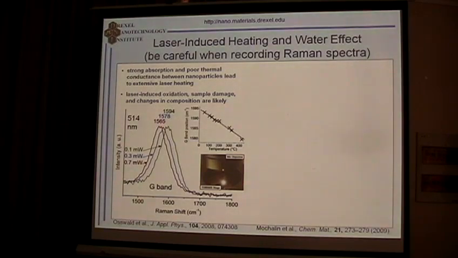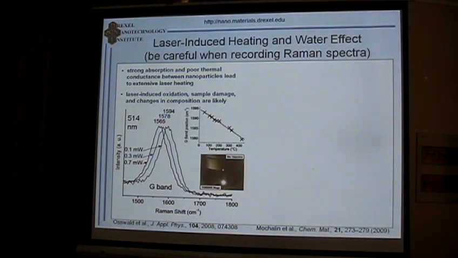Two warnings. Carbon nanotubes are black. They absorb light very easily. There was a beautiful experiment shown by Adrian that you can take a regular camera with a flash, put carbon nanotube powder on the surface, take a picture, and the carbon nanotubes will self-ignite, because they absorb light so easily and those are very thin tubes, so you can raise the temperature very, very quickly.